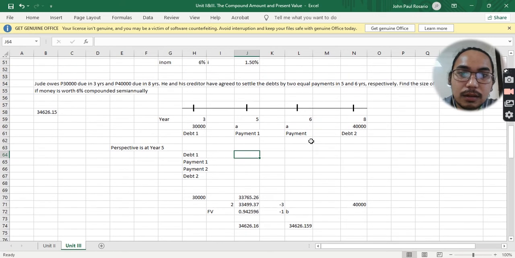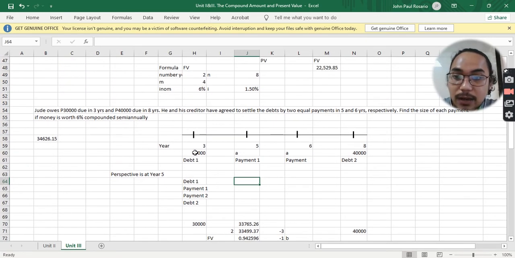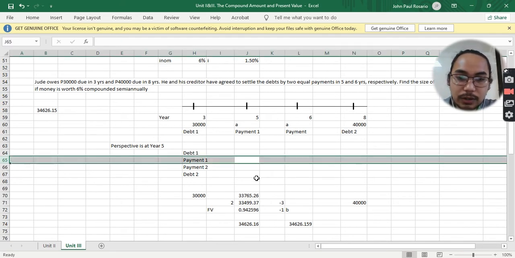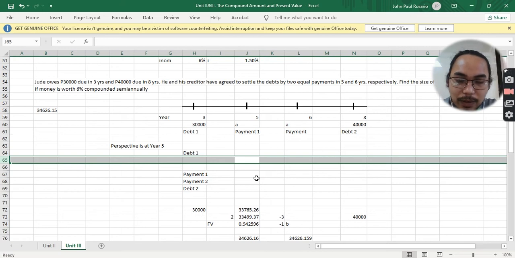compounded semi-annually at 6%. For how many years would you go forward? We have to go forward by two years. Or if you want, you can break it down so it's very clear.